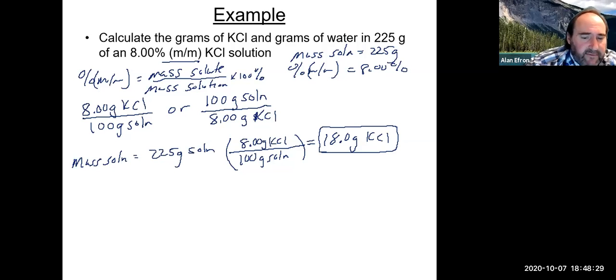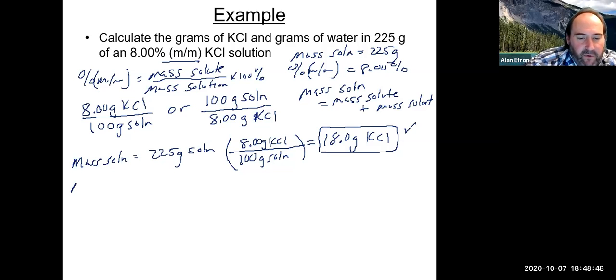Remember that the mass of the solution is the mass of the solute plus the mass of the solvent. So this is the mass of the solute we just found, and we did have the mass of the solution.